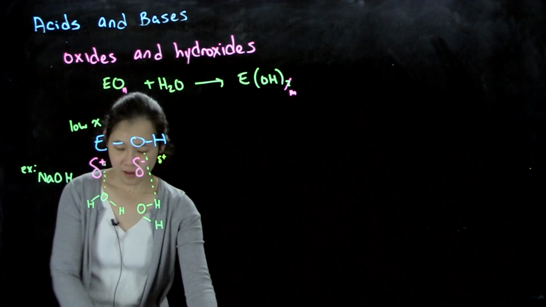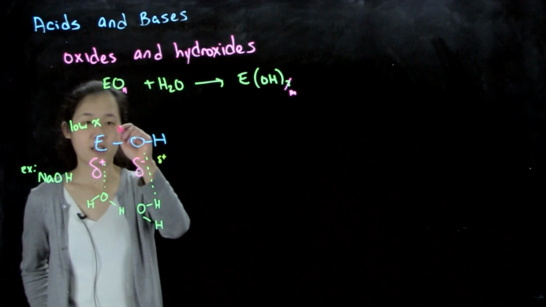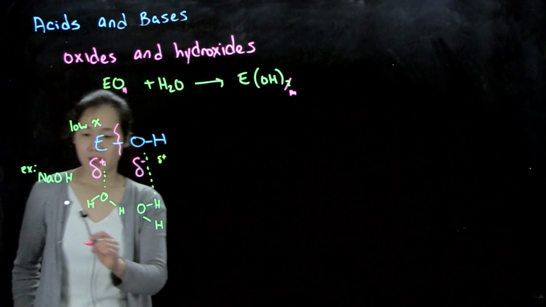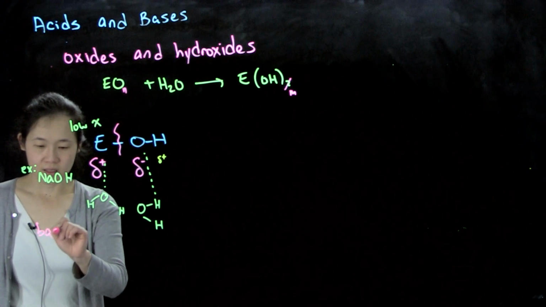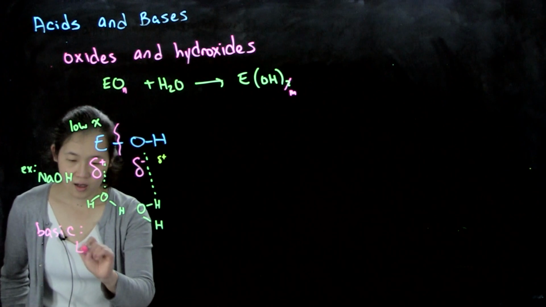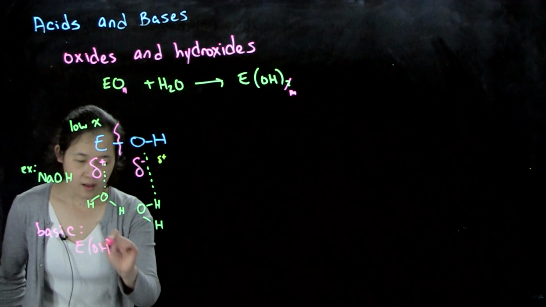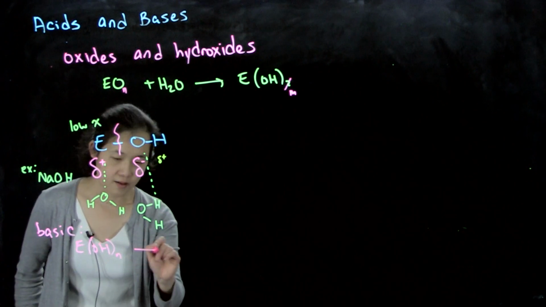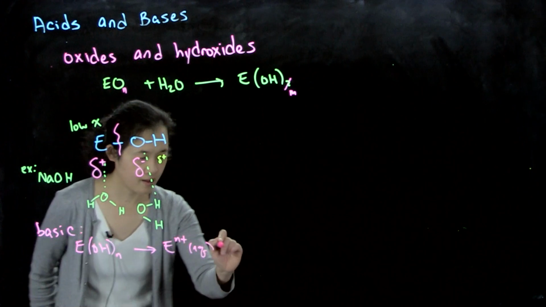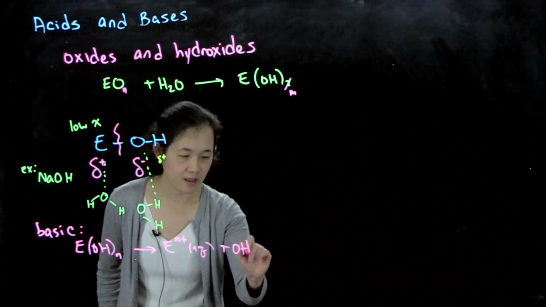So as a result, we're going to break this OH bond, and this will be our basic scenario. So we could have our element hydroxide release and become our aqueous ion plus OH minus.